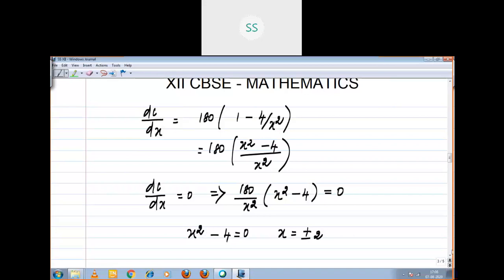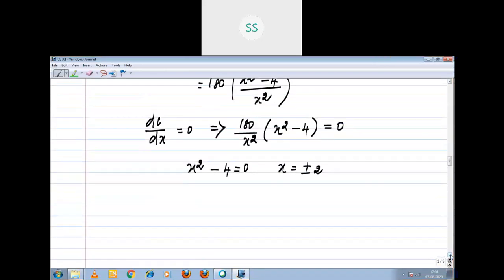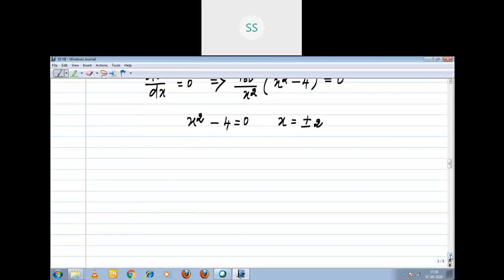Length can't be negative, so x is equal to 2. x is equal to 2 is a critical point.